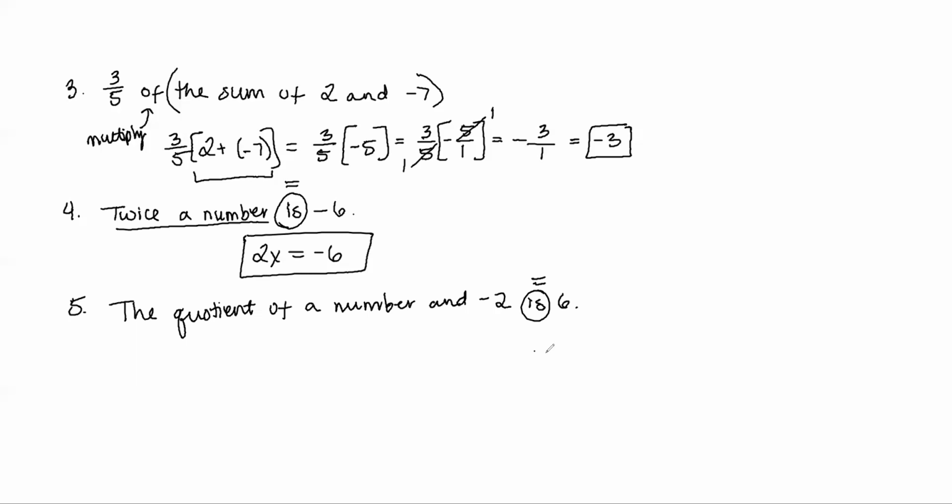The right side is just going to be 6, so equals 6. Quotient means that we're dividing. So we want to go ahead and write this not using the division symbol because it doesn't look as nice when we have variables. Let's go ahead and use a fraction. So the quotient of a number and -2 means we're dividing. So we're going to have a number x divided by -2 equals 6.